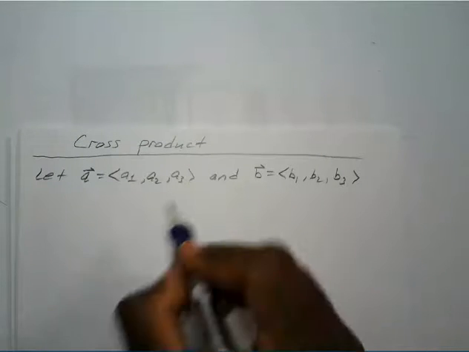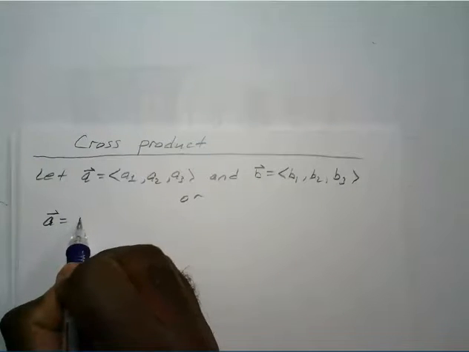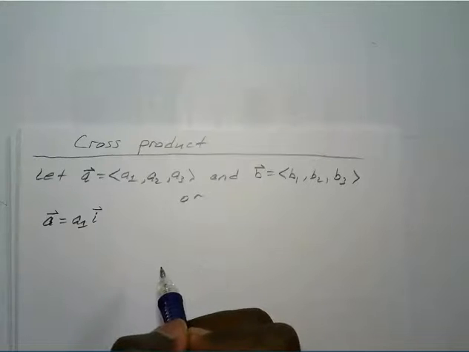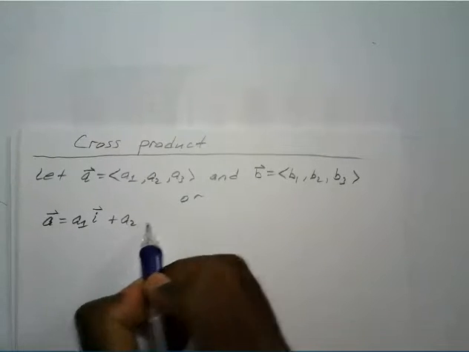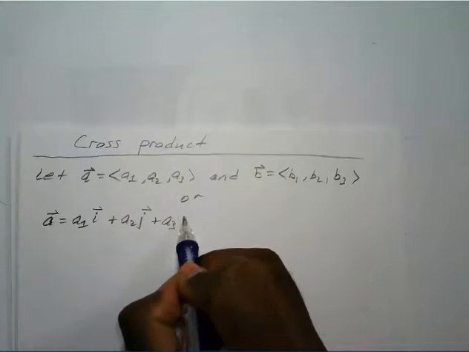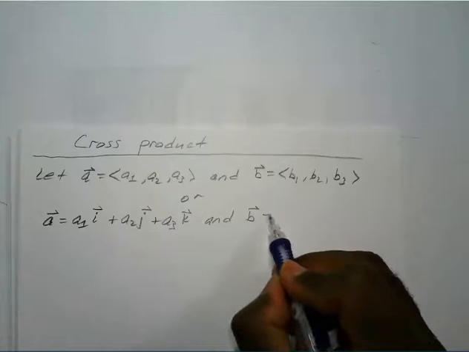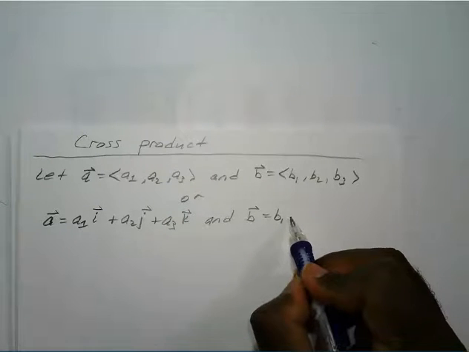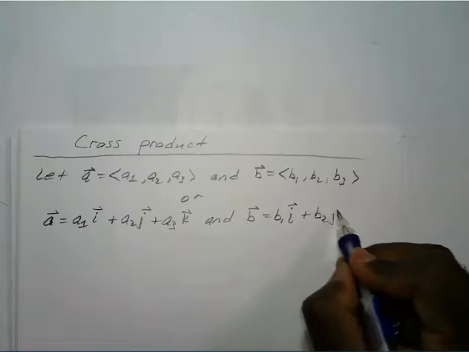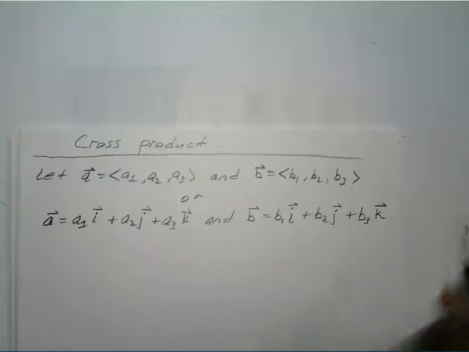Or if we want to write it as a linear combination, a vector can equal the first component times the i unit vector plus the second component times the j unit vector plus the third component times the k unit vector, and b would be the same thing.